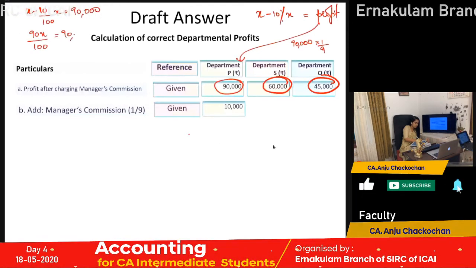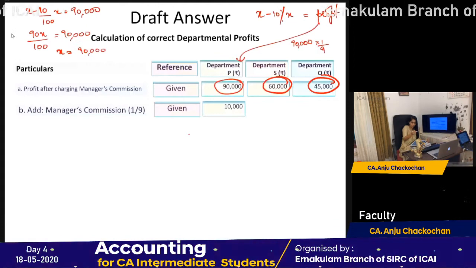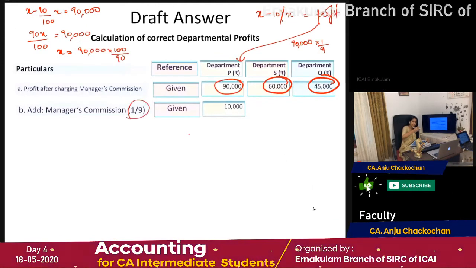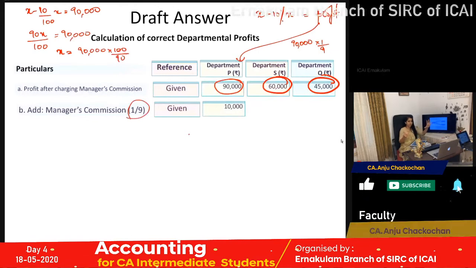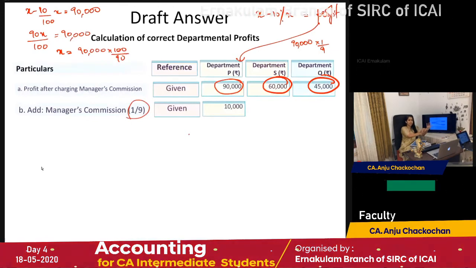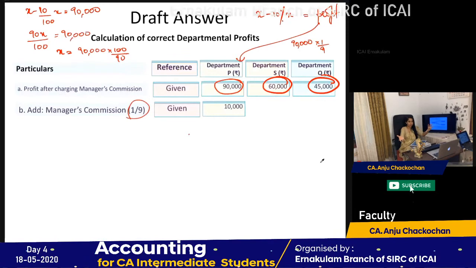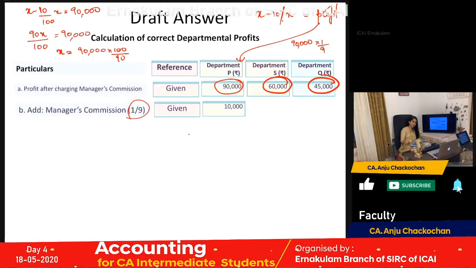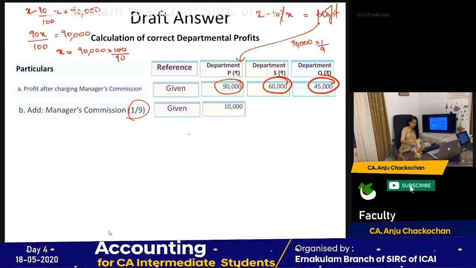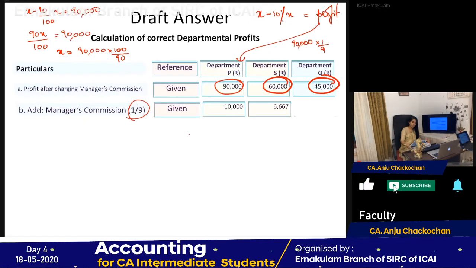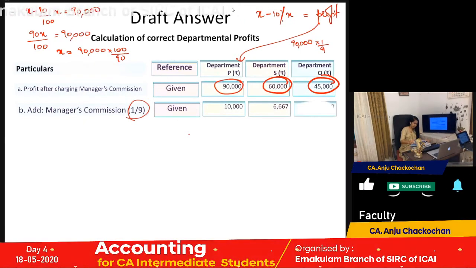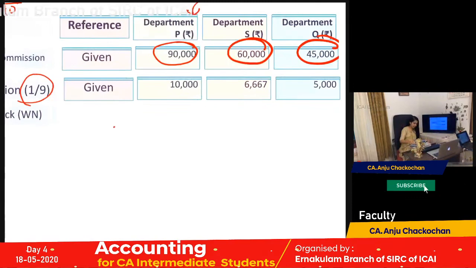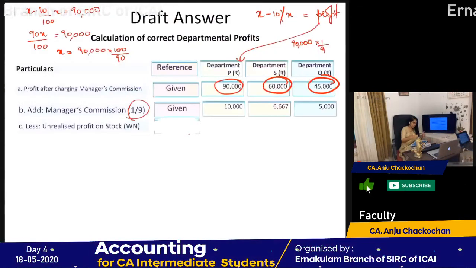So we get x as 90,000 into 100 by 90. If anyone was not clear with how 1/9, here is the answer for that. 90,000 into 100 by 90, because we had the profit, from that they reduce the manager's commission and then they got the profit of 90,000. You just have to do the reverse calculation so that you get the manager's commission. Okay. So we have it as 90,000, 6,667, and 5,000. All right. And the unrealized.